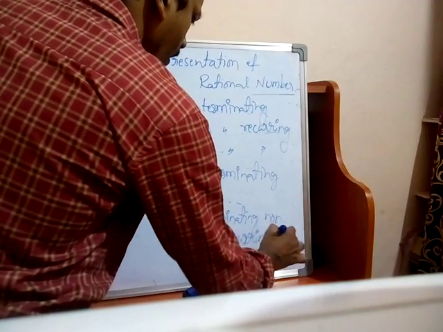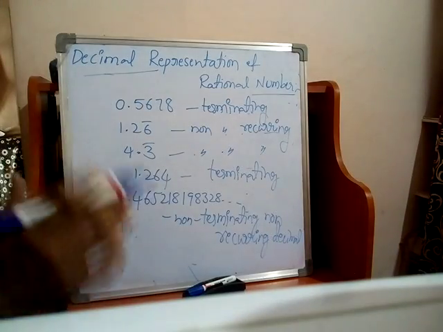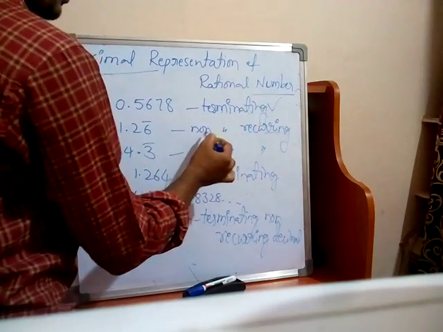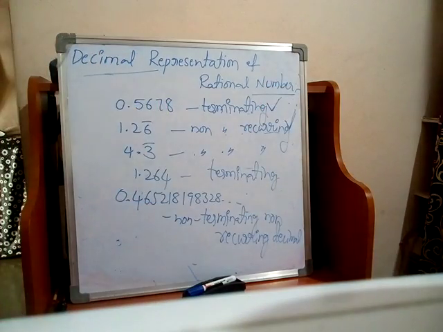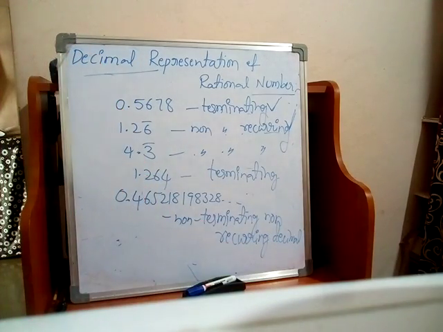If you take any rational number, compulsorily we have to express it as either a terminating decimal or a non-terminating recurring decimal. Any rational number cannot be expressed as a non-terminating non-recurring decimal.